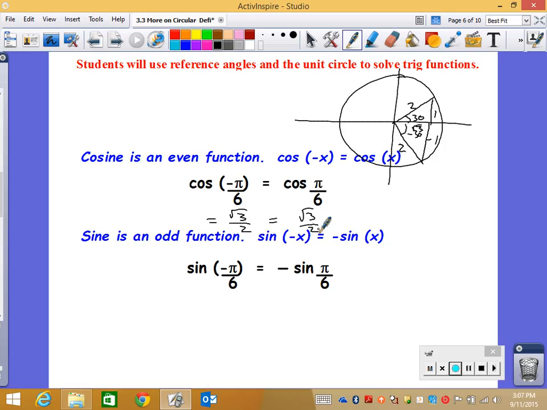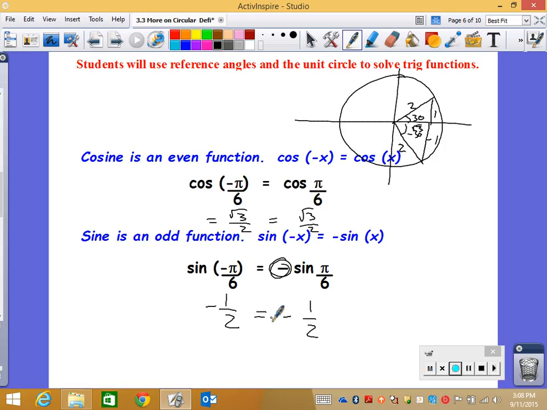Well, that's going to be opposite over hypotenuse, or a negative 1/2. The sine of pi over 6, so the sine of a positive 30 degrees, is 1/2. But remember, we have this negative sign right here, and that makes those equal. Because of that, we know that sine then is an odd function.